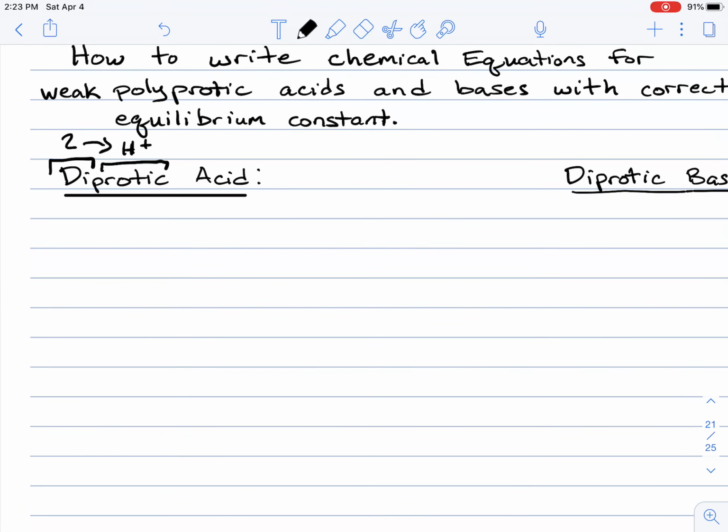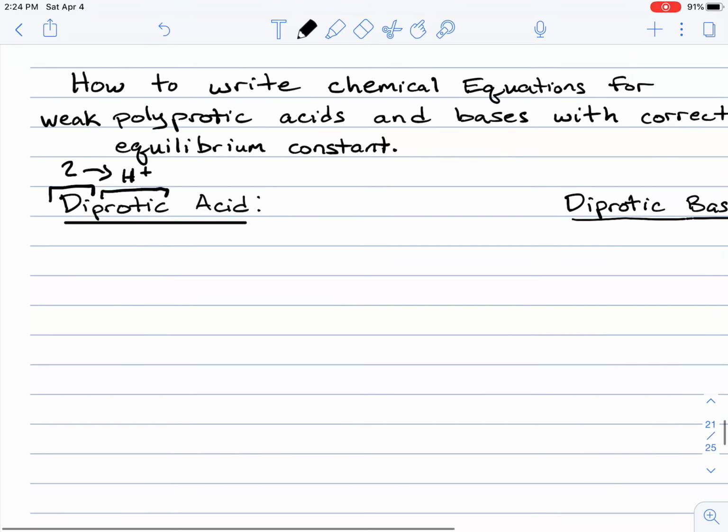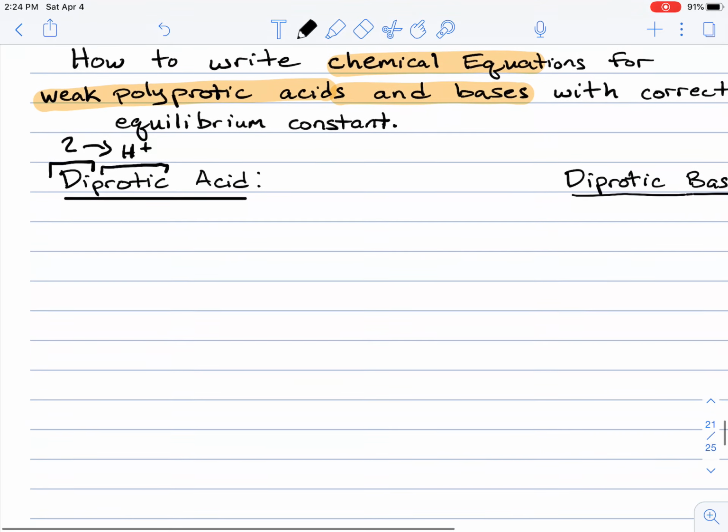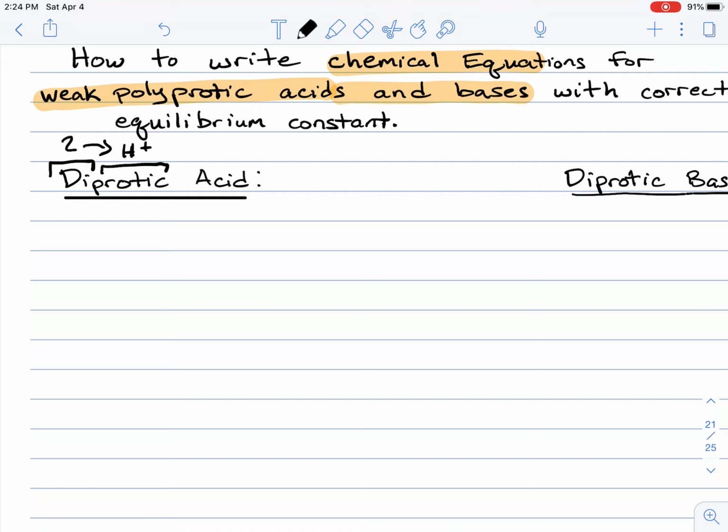What we're going to learn how to do is write chemical equations for weak polyprotic acids and weak polyprotic bases. Since these compounds are weak, in other words their equilibrium constant is less than 1, we will have to describe the ionization of the hydrogens in two separate chemical equations.